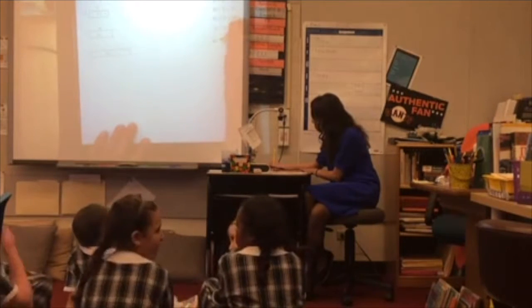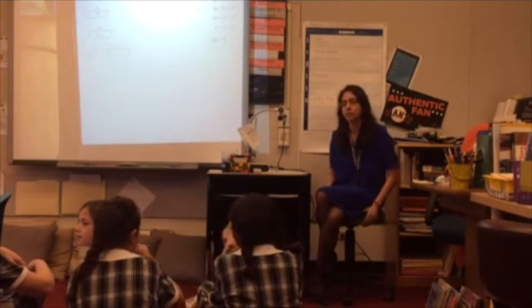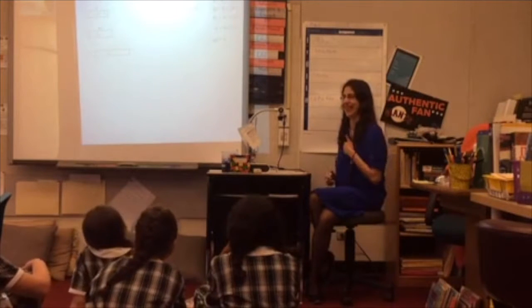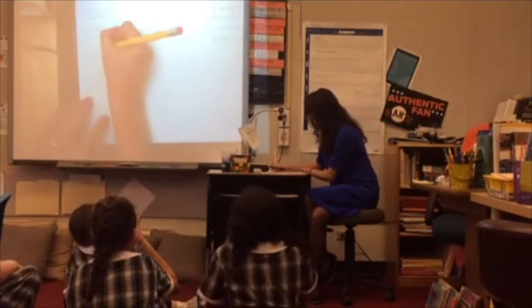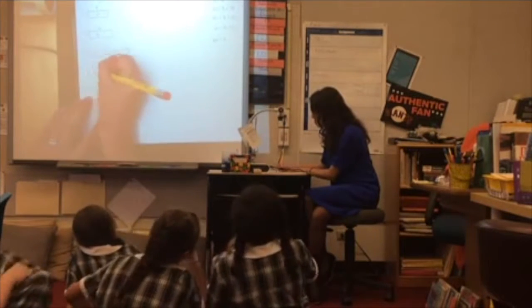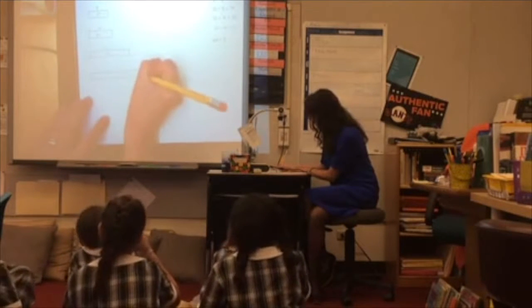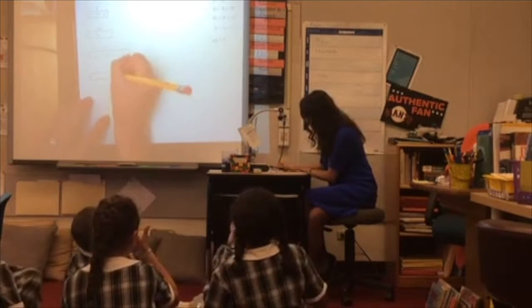Now I want you to calculate 60 divided by 3. So fast I can't keep up with my arrays. Noelle, what do you think? I think it is 30.